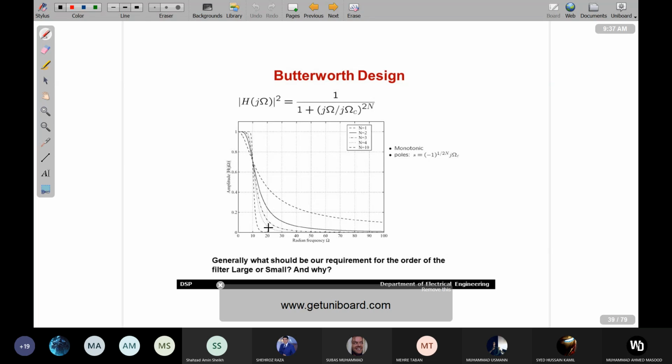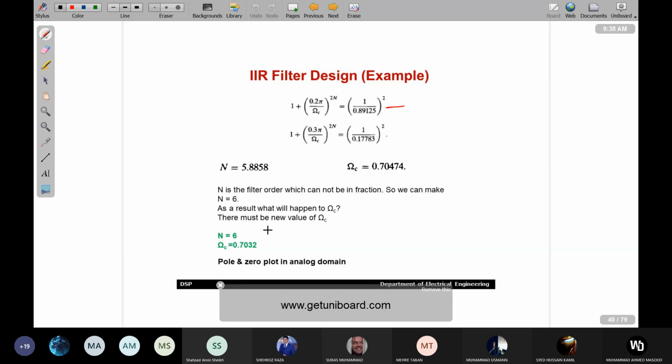So you have to maintain an order. n और omega n और filter response के दरमियान आपको देखना पड़ेगा कि किस तरह से आपने चलना है. You have to keep the specifications. So this is the solution of the filter which we have already done.